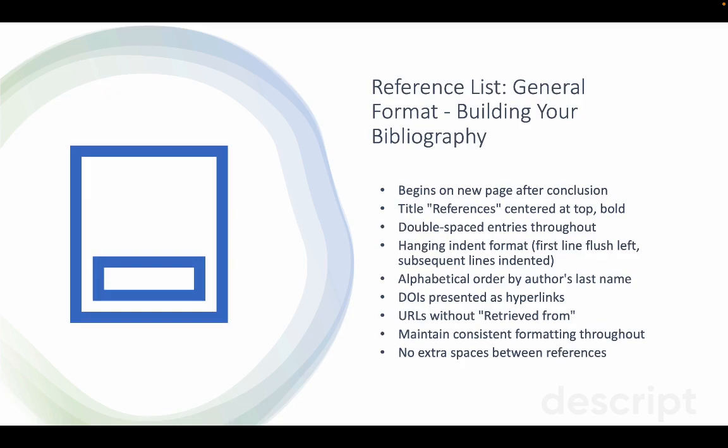Your reference list, general format, building your bibliography. It begins on a new page after the conclusion. Title it References, centered at the top, bold. Double-spaced entries throughout. Hanging indent format: first line flush left, subsequent lines indented.